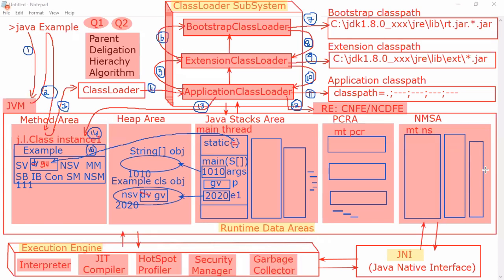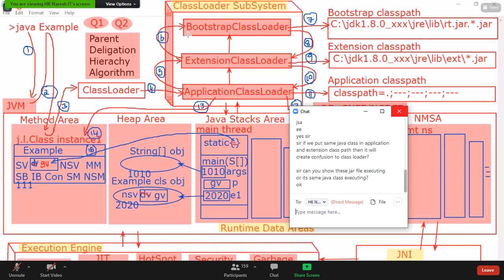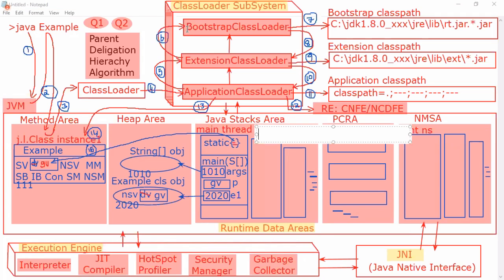Like this, n number of native stacks can be created based on your requirements. You don't create them, they are automatically created by the JVM in the background. So this is thread-0 and this is thread-1.